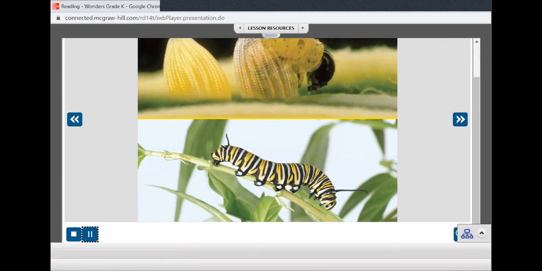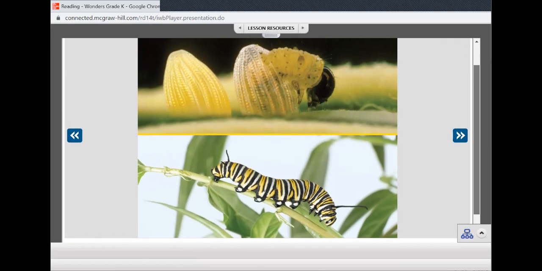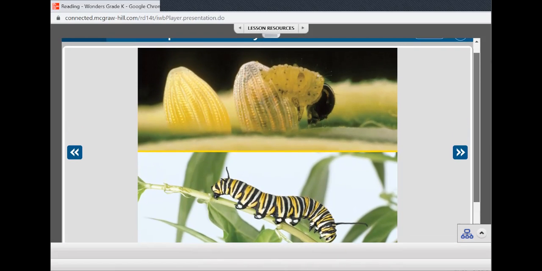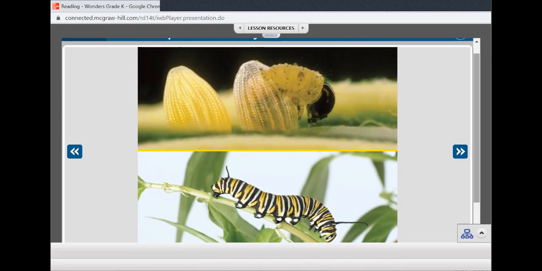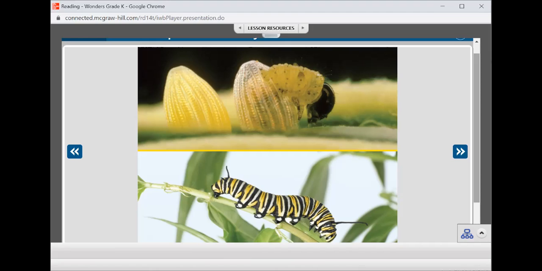After about a week, the second stage begins. The caterpillar hatches from the egg. It is small and slender. It looks like a worm. The caterpillar is only as long as your fingernail. The caterpillar eats a lot and grows quickly. First, it eats its own eggshell. Then, it feeds on plant leaves.